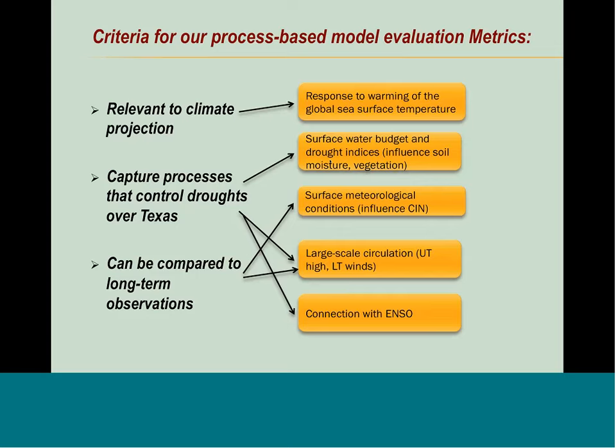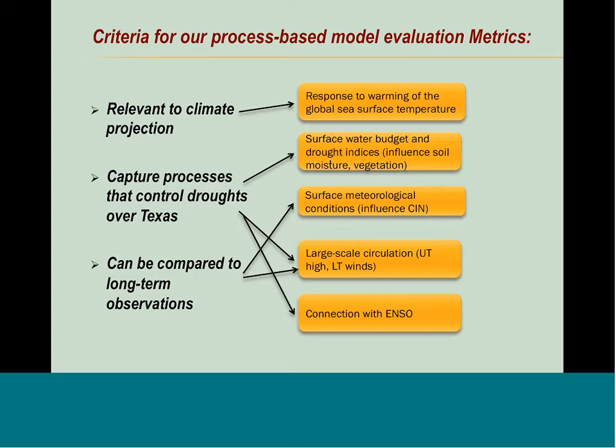The second is it has to capture the processes that control drought or extreme events over the South Central U.S. For example, in the last webinar, we showed our observational analysis and identified the cumulative surface water deficit, soil moisture, as a very important precursor for extreme drought.